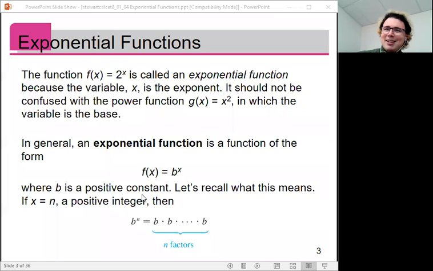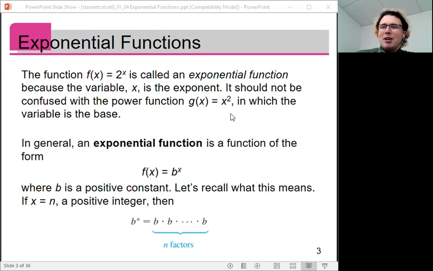Okay. So I would like to have a function, maybe 2 to the power x, where my variable x is in the exponent. That's not the reason we have it given that name. It's just a coincidence. So this is different from the squaring function, right? We are not taking x and multiplying it by itself.